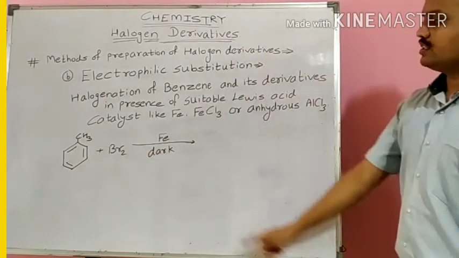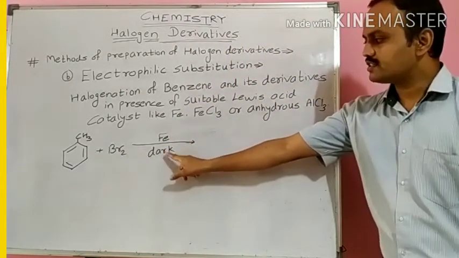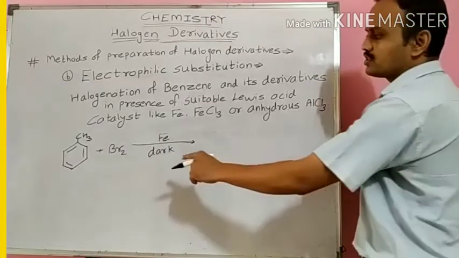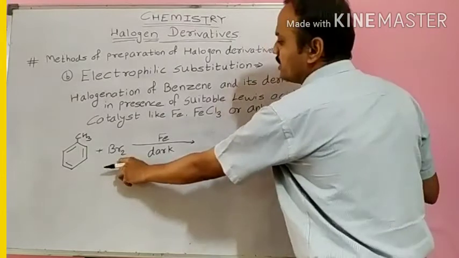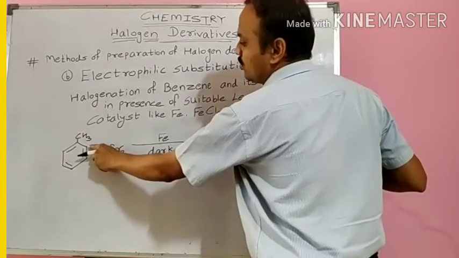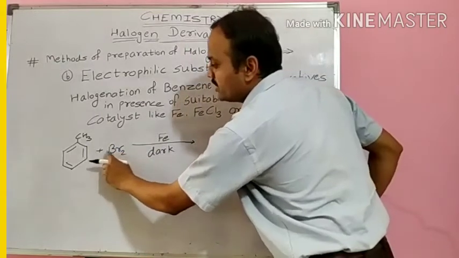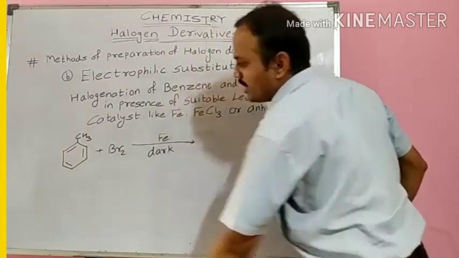In this reaction, iron as a catalyst and dark condition is used, and we get two products. In one, bromine will displace the hydrogen at the ortho position, and in the second case bromine will displace the hydrogen at the para position.